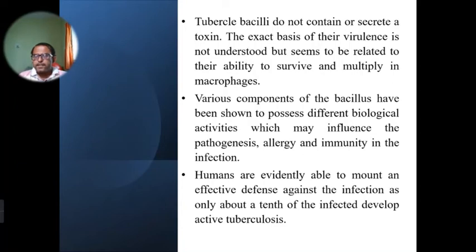The normal function of macrophage cells is to kill bacteria inside the cell by using some enzymes. But this bacterium has the capacity to survive. It survives in that alveolar macrophage cell and multiplies inside the macrophage cells.